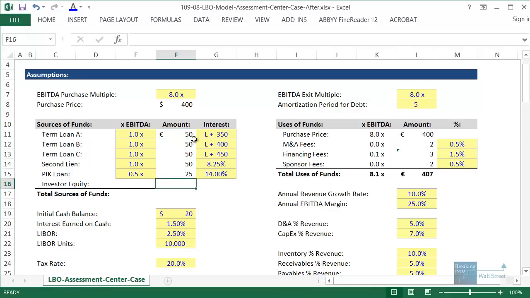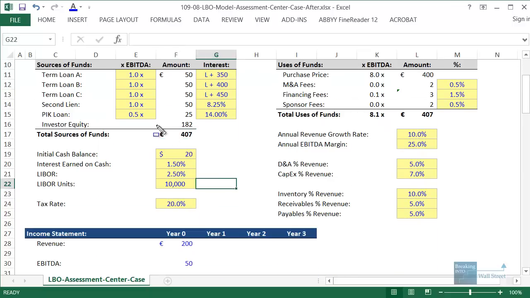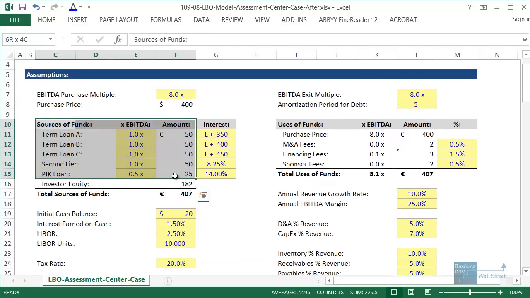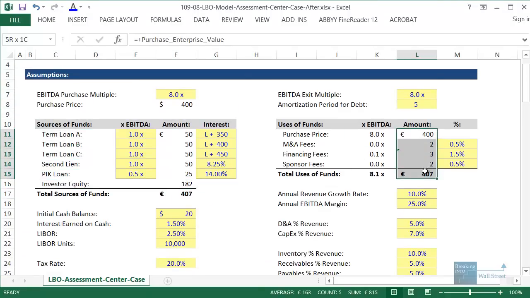And then for investor equity, let's take our total uses of funds and then subtract our sources so far, and then add this up. So we have our sources and uses schedule. It matches, sources equal uses, so that's a good sign. And now we can get started with the rest of this. Now that we have our investor equity, we know the amounts of debt that we're using, and we have our fees and other assumptions.